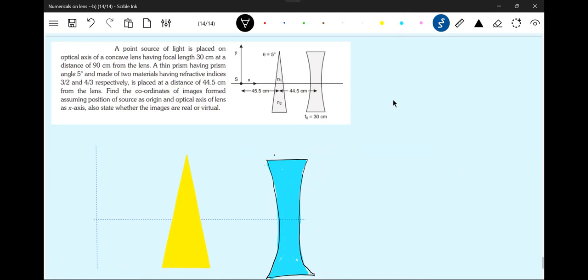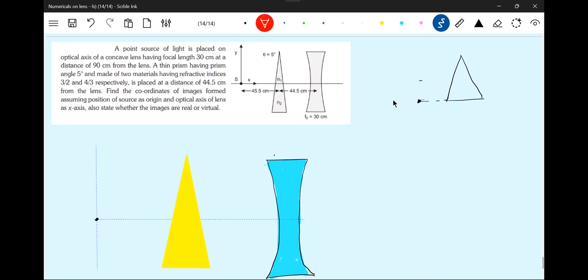If you can recollect, at the end of the prism chapter we discussed some problem. Suppose there's a thin prism, and the object is kept here. Let me make you recollect.